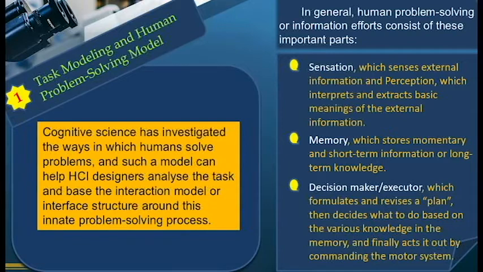For example, when you click the mouse, you decide whether it's the left or the right one. So that is the decision maker or the executor. These are the three important parts in problem solving or information efforts in HCI.